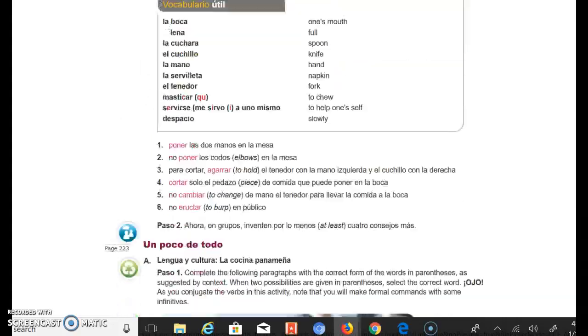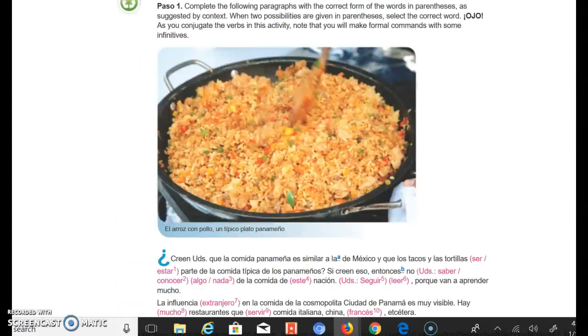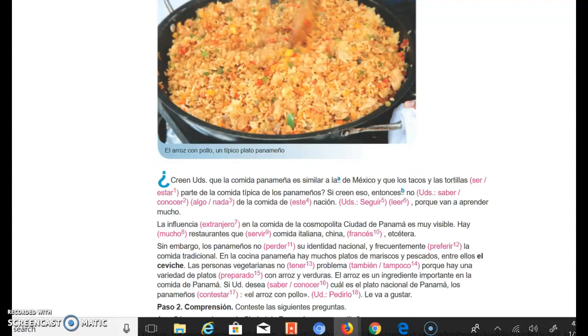Okay. The rule of accentuation in general, and I'll try to use some examples from this, is that words that end in a vowel, N, or S, like creen, that ends in an N, you'd stress the next to the last syllable, like the cre part. For example, comida ends in a vowel. If it ends in vowel, N, or S, when you pronounce it, you naturally pronounce the next to the last syllable as the stressed part of the word.